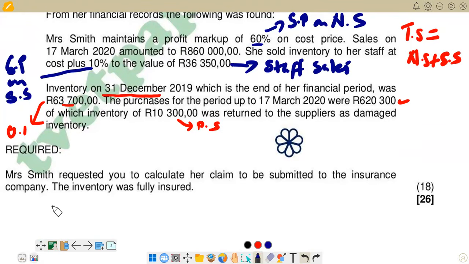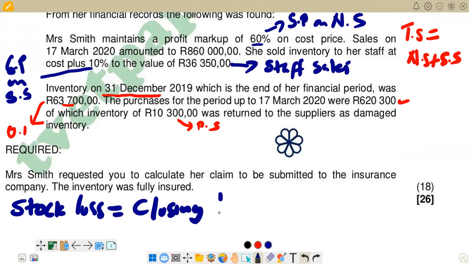The stock that is missing is going to determine the claim. So in other words, we have to calculate the stock loss, and that stock loss will be the claim. So stock loss is equal to closing inventory minus salvage.